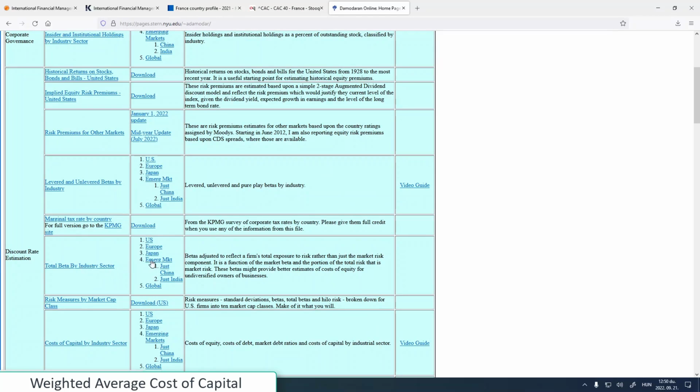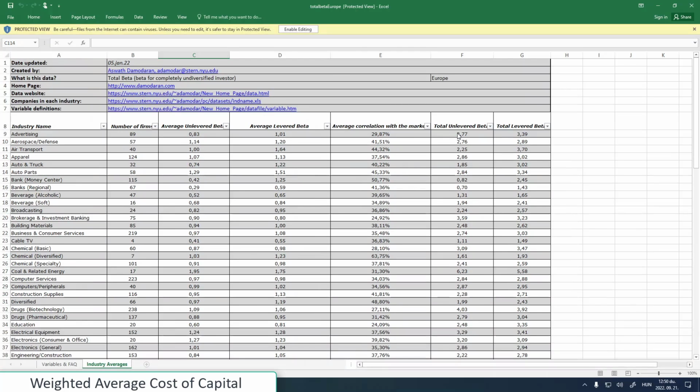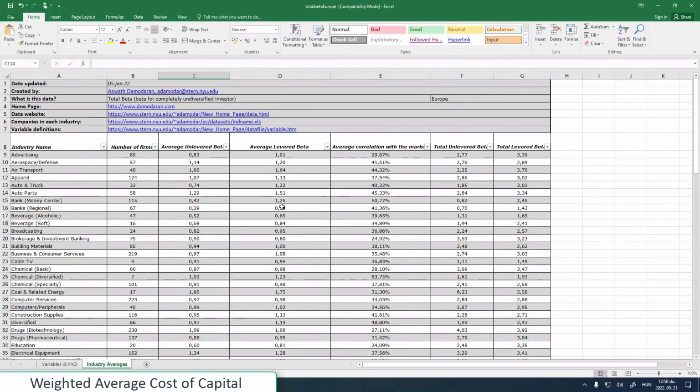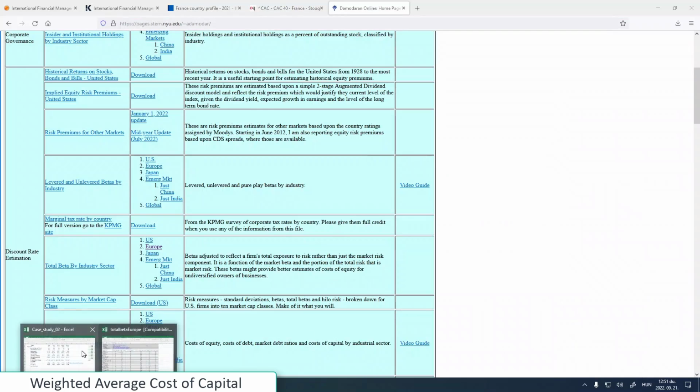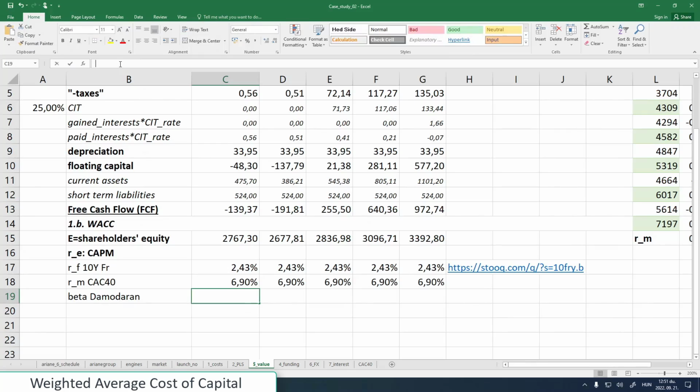Total data by industry sector, and we have to focus on Europe. And we have aerospace and defense, and we are using the average unlevered beta, so this number will come with us, and we will use it happily.